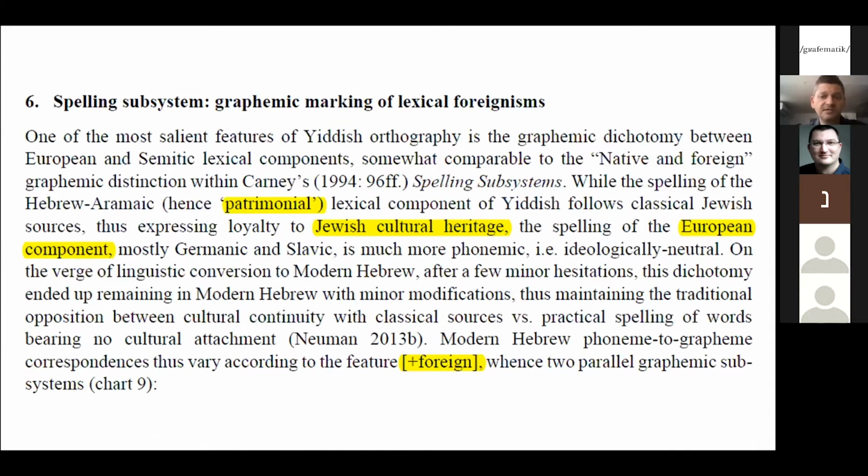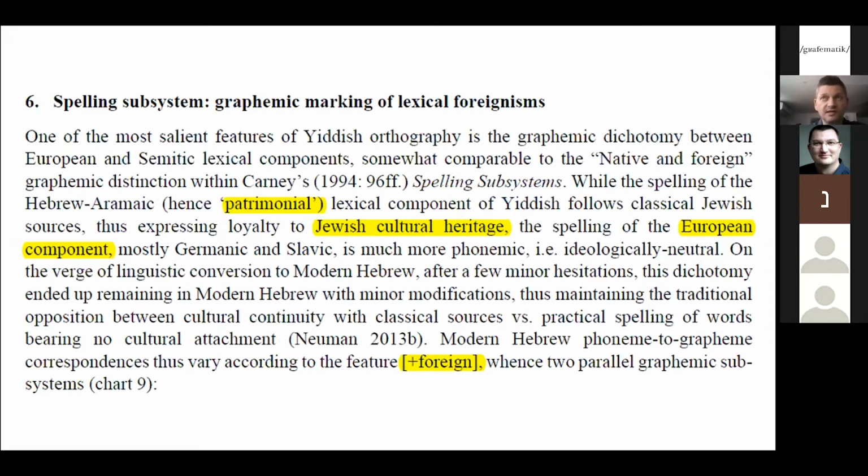Now, what really happened is that in Yiddish, which was using, as I've just said, the Hebrew script, the European lexical stock was using more or less phonemic spelling, whereas the orthography reserved to patrimonial lexicon from Hebrew was using the traditional Hebrew spelling, be it opaque to various degrees. Yiddish did not respell Hebrew.